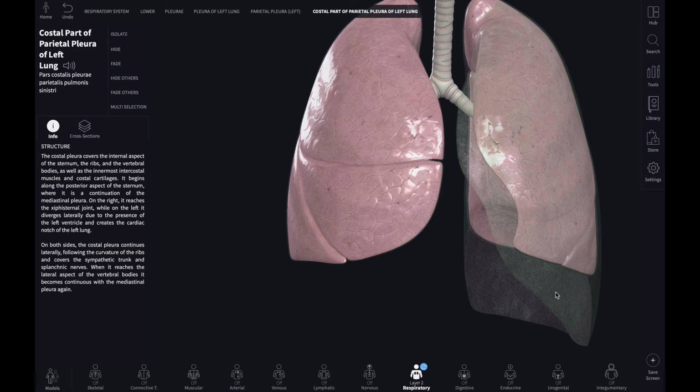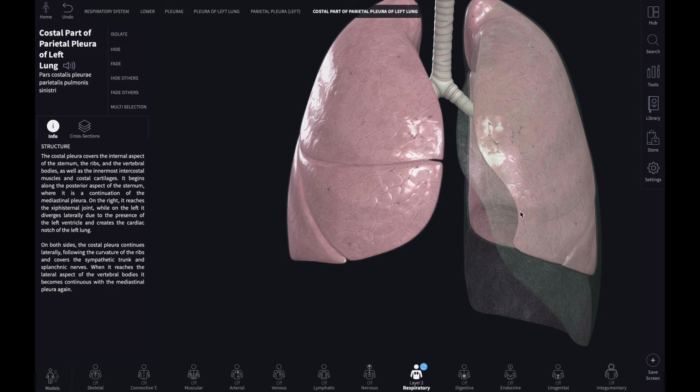Around 100 to 150 ml of pleural fluid is present in the pleural space in order to lubricate the surfaces between the parietal and visceral pleura. Why? Because during inspiration the lung will expand and the visceral pleura will touch the parietal pleura. In order to prevent friction, the fluid is normally present. That is called pleural fluid.